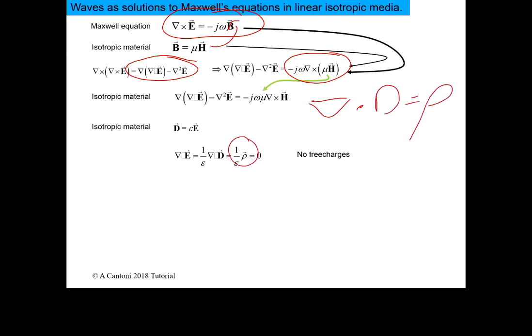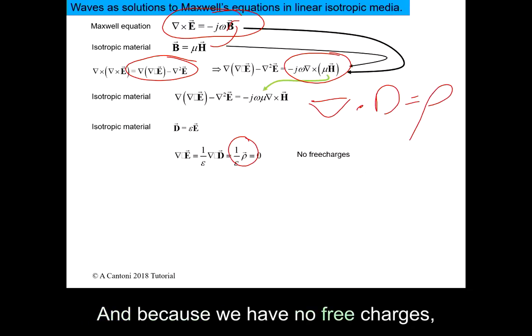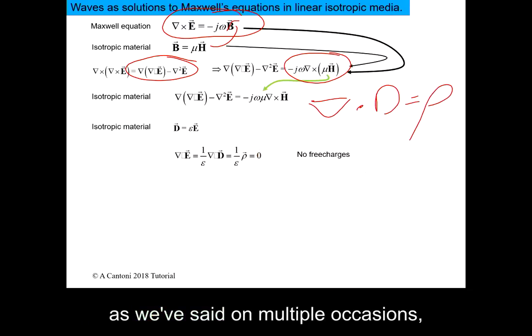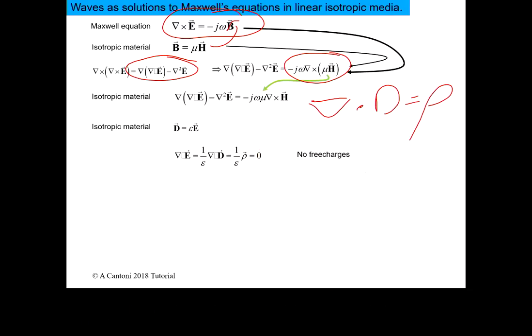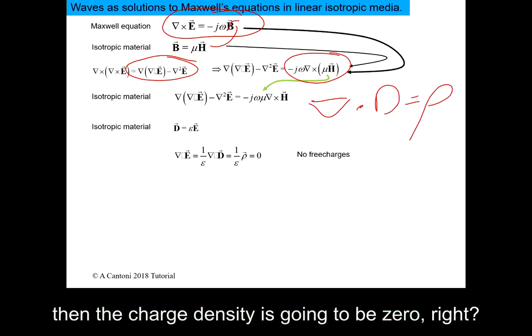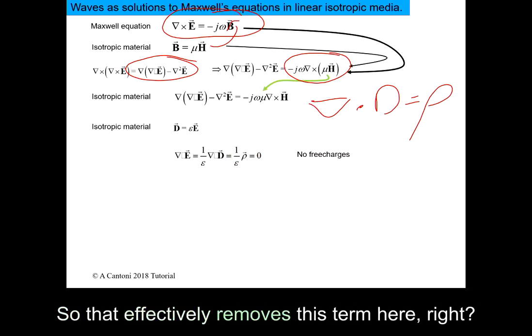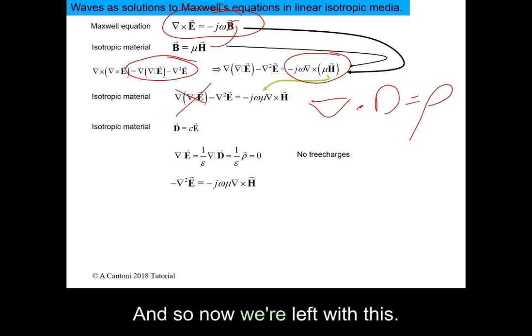So now we have this term. And because we have no free charges, as we've said on multiple occasions, the charge density is going to be 0. So that effectively removes this term here, and so now we're left with this.